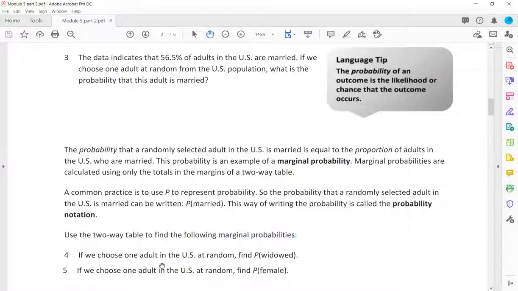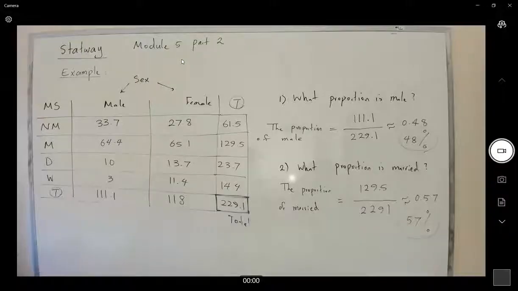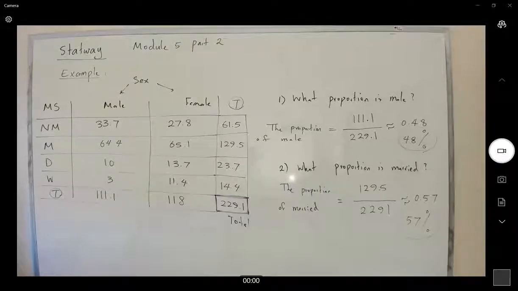If we choose one adult in the United States at random, find the probability that that person is widowed. 5. If we choose one adult in the United States at random, find the probability that that person is female. So we want to answer these two questions.